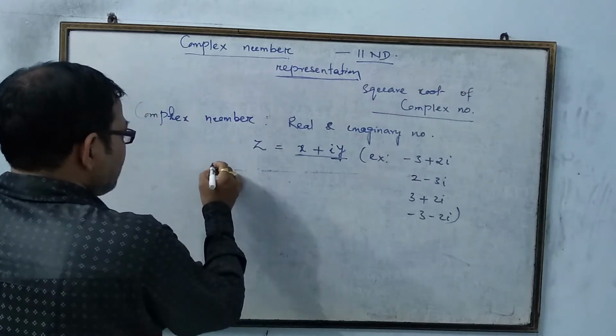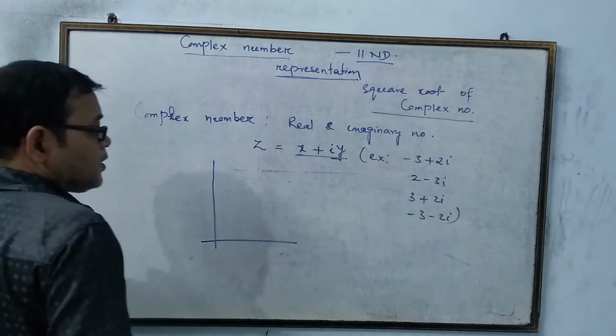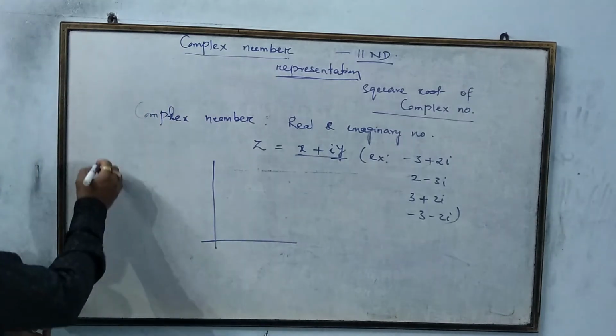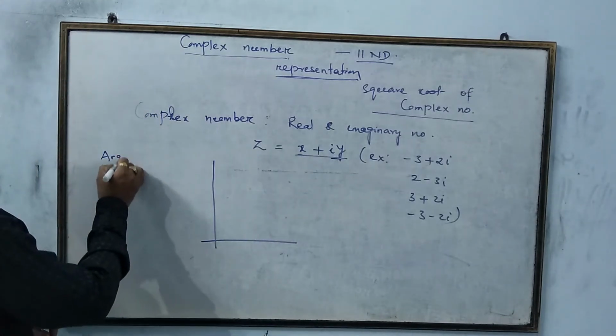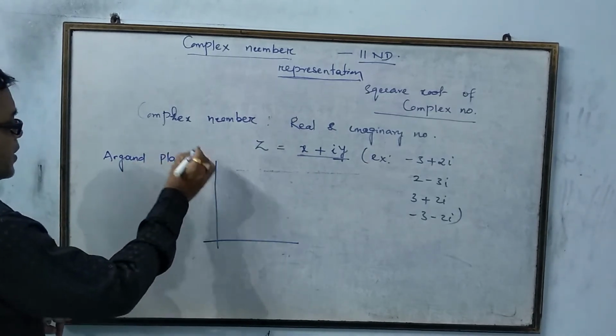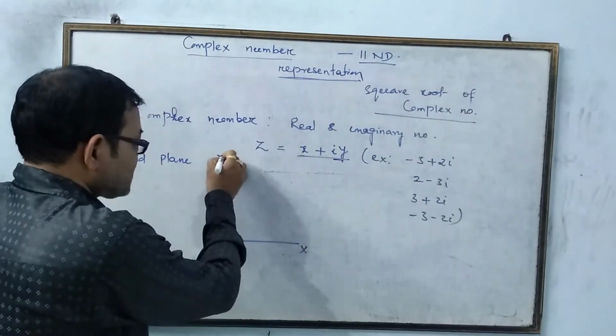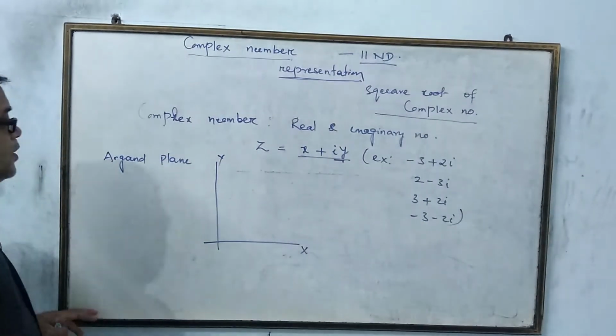Now, how can this be represented using a graph? Actually, the complex number is represented in a plane. You know, a plane is a region bounded by the x and y axes.